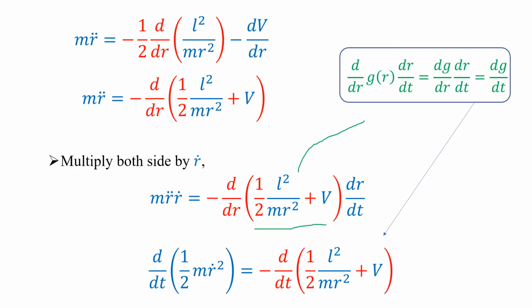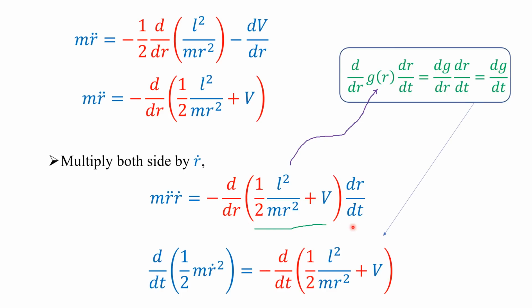So this entire term is g of r, and I am multiplying by dr over dt. So what will happen? This is equivalent to dg over dr into dr over dt, which is exactly equal to dg over dt.